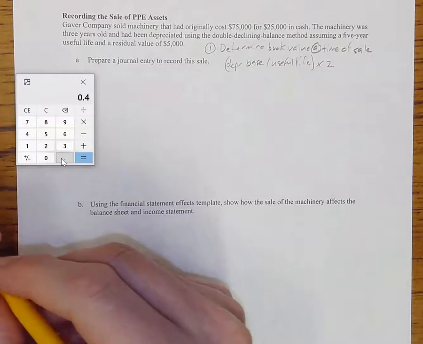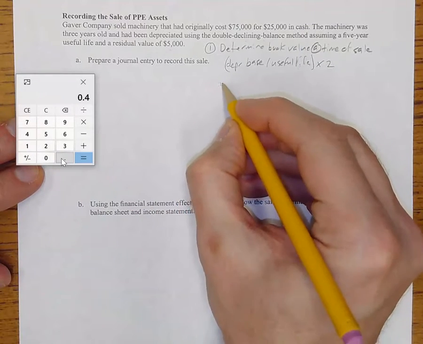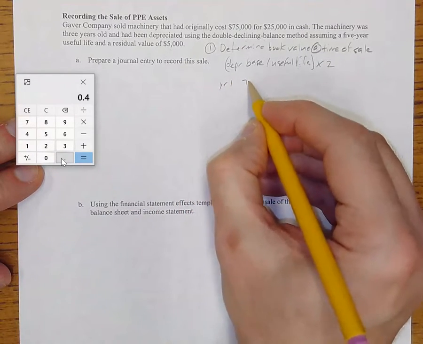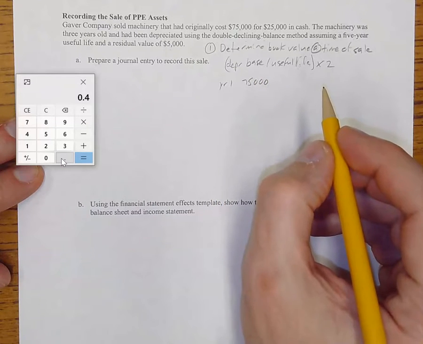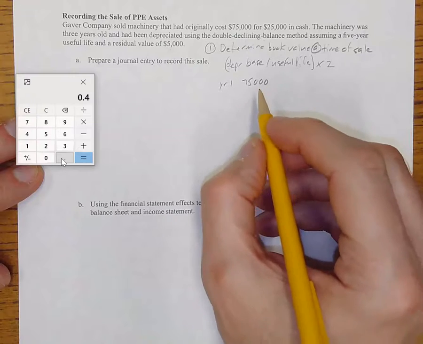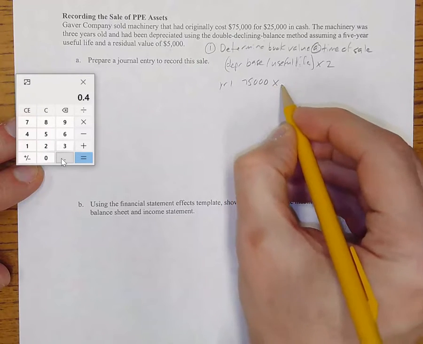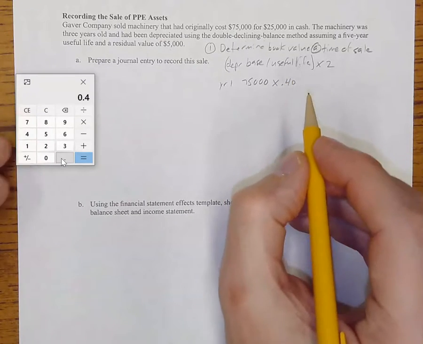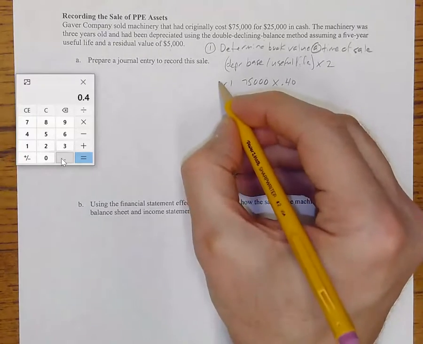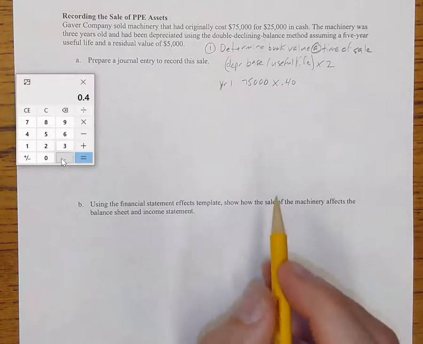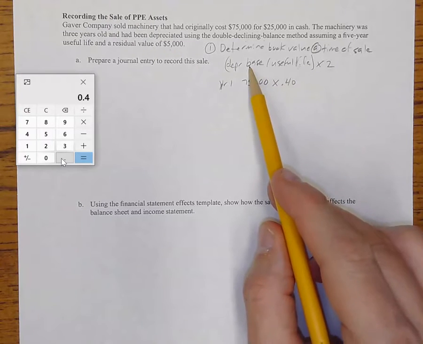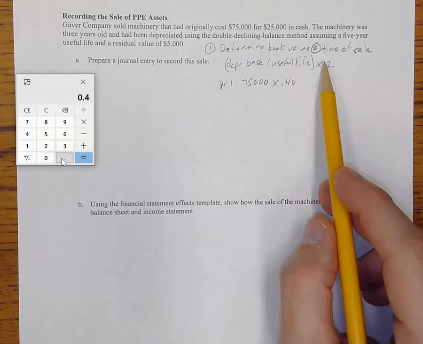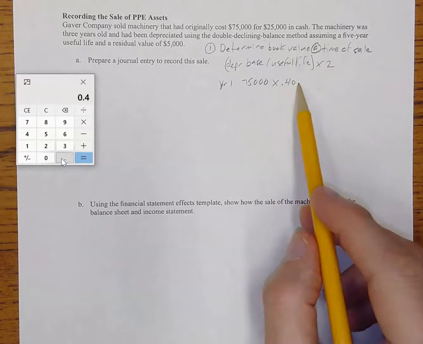All right. So for year 1, I'm going to take $75,000 and multiply that by 0.40. Depreciable base divided by useful life times 2, or 75,000 times 0.4.